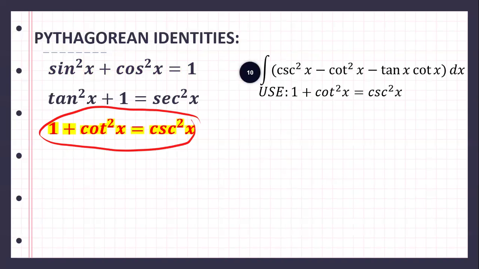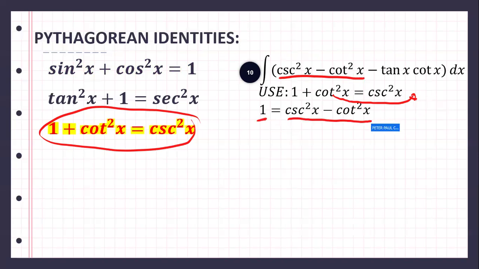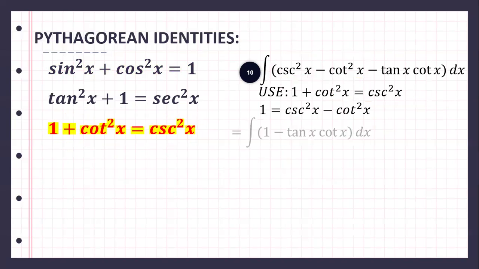And then we transpose so that it will become the same here. Do you agree that when I transpose cotangent squared x on that side, that becomes 1 equals cosecant squared x minus cotangent squared x, which is this expression. So we can rewrite it now as that identity. So it becomes 1 minus tangent x cotangent x.